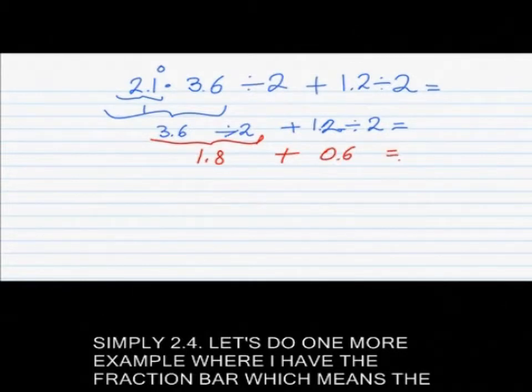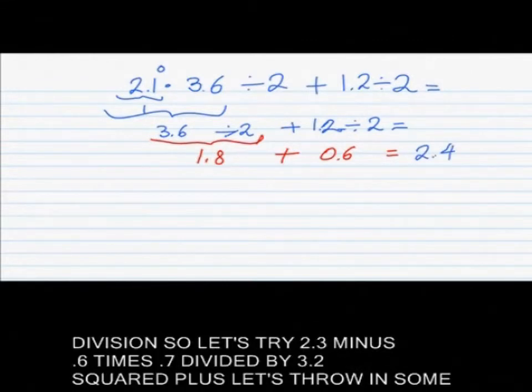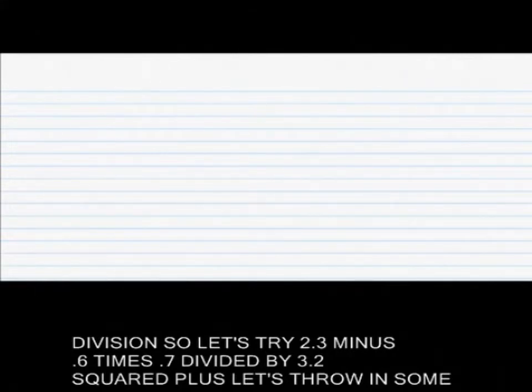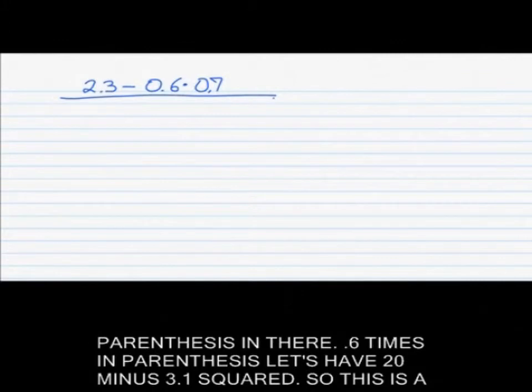Let's do one more example where I have the fraction bar, which means division. So let's try 2.3 minus 0.6 times 0.7 divided by 3.2 squared plus, let's throw in some parentheses in there, 0.6 times, in parentheses, 20 minus 3.1 squared.